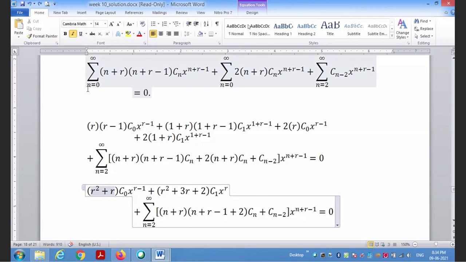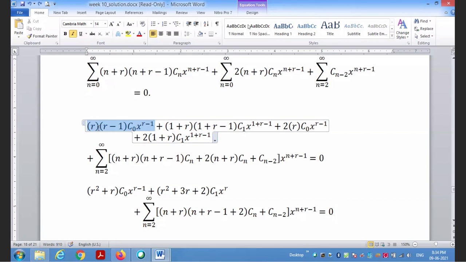Here, we combine this and this. This one will be r square minus r, and then plus 2r. And that's why we have r square plus r. It will be r square plus r, which is this. So we combine these two terms.